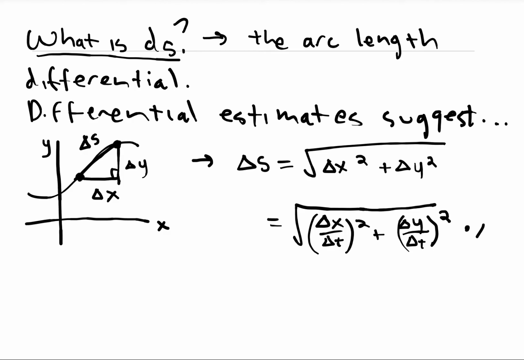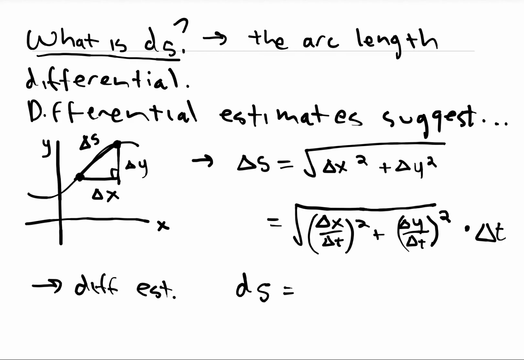So I can offset this by multiplying by delta t on the outside. All of that cancels.